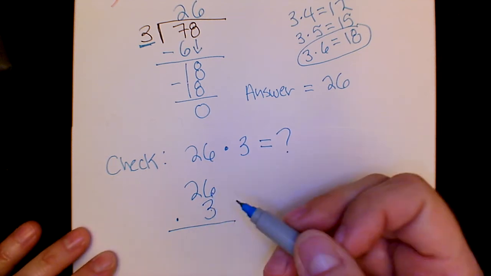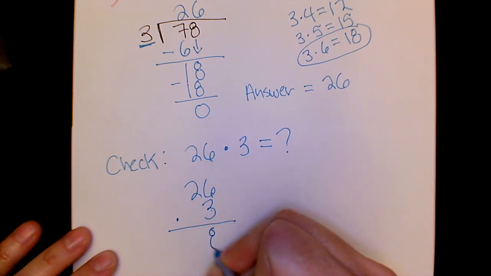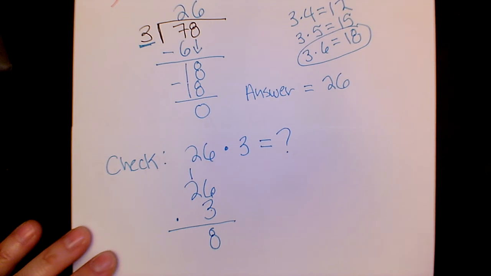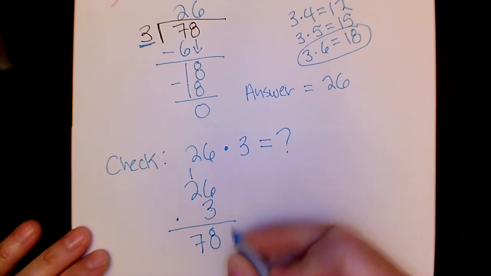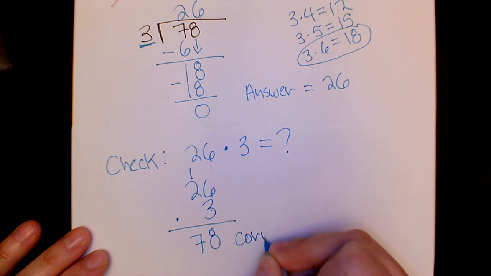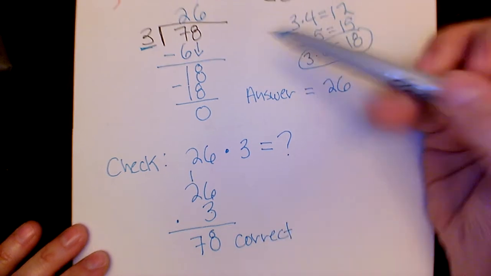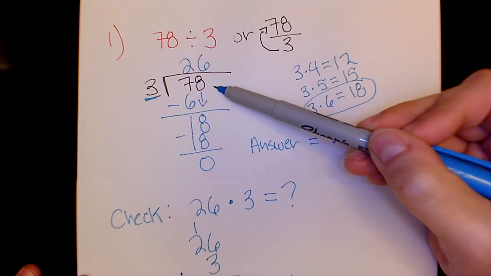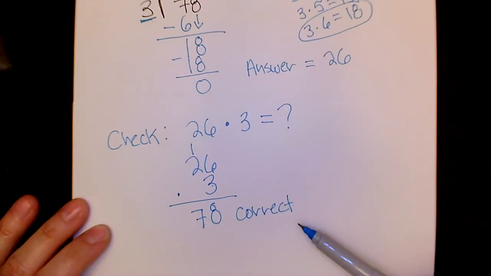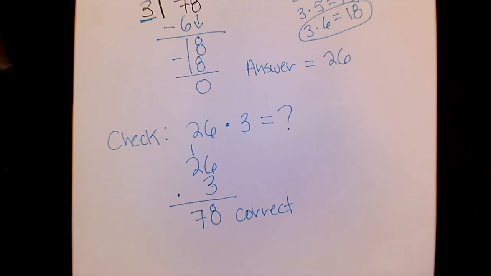6 times 3 is 18. Carry the 1. 2 times 3 is 6, and 1 is 7. So we do get 78, like we did up here. So we know we're correct.